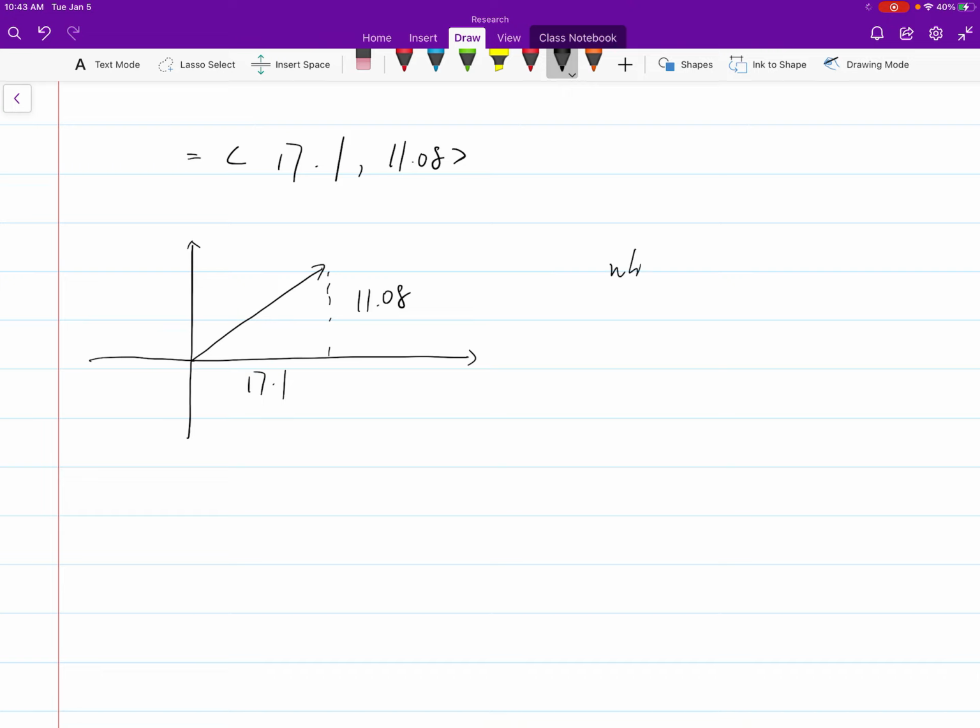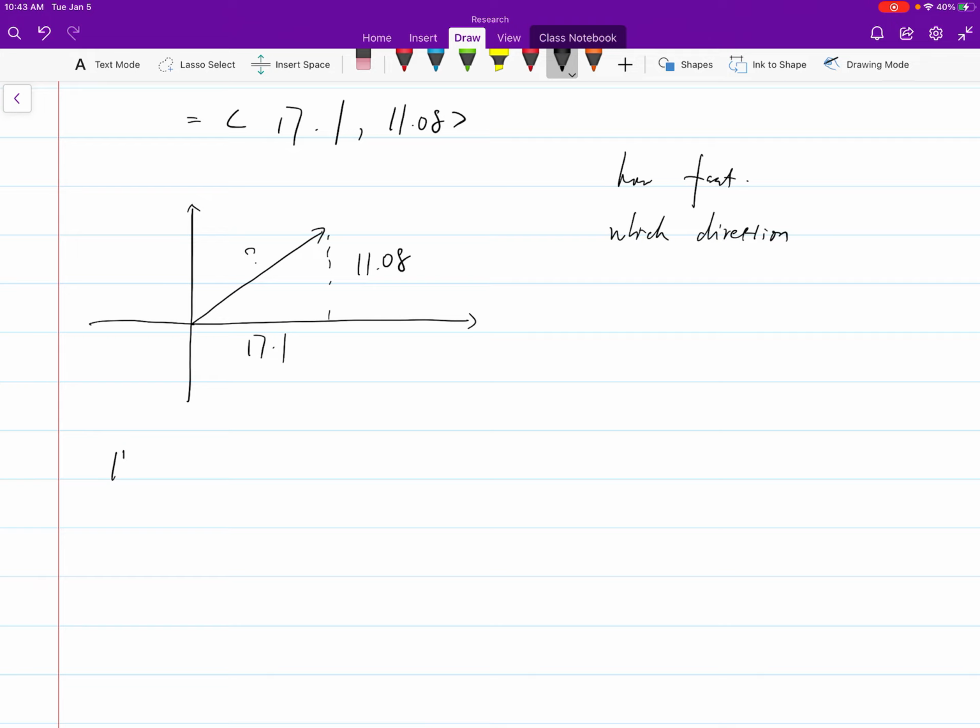That's the final vector. But remember what we want. We want which direction and how fast. So we want to tell people 20 miles per hour, 30 miles per hour. And you can see basically we're asking, number one, how fast means how long is the magnitude.